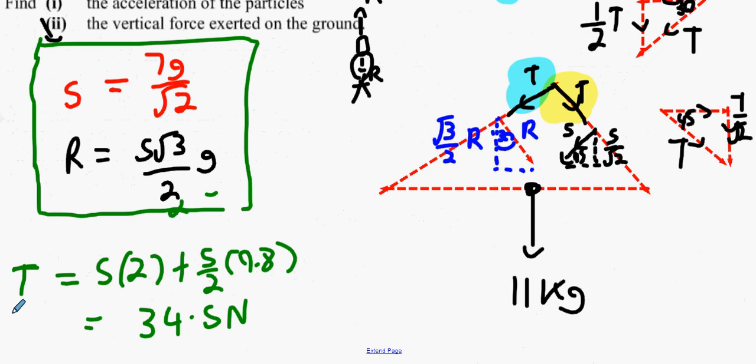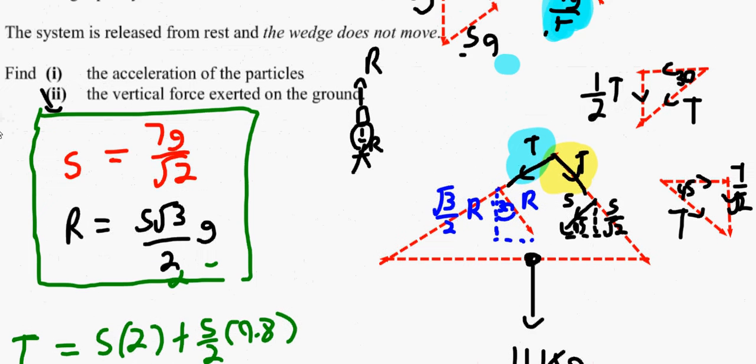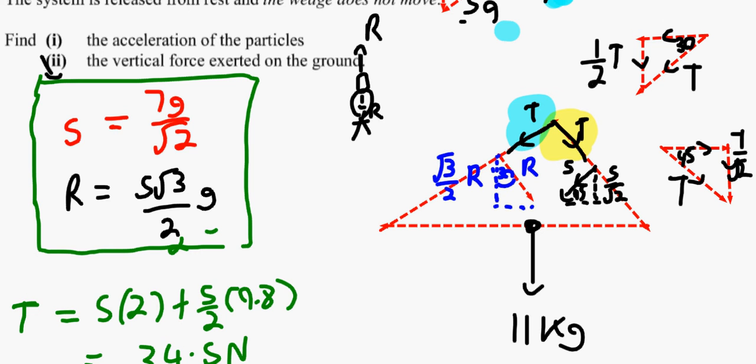All right, guys. Now here's what we're left with. We're left with the forces all acting downwards. We're going to go for good old-fashioned pink. 1, 2, 3, 4, 5. Five different parts. Ready for this?